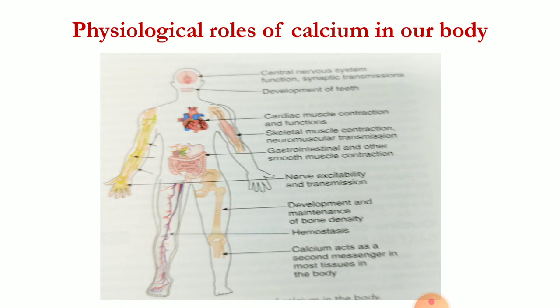So with this discussion, now let us come to the point of how calcium balance is maintained in our body. Before that, you must have a look at the physiological roles of calcium. You all know the functions of calcium in our body. First and foremost is to give structural support, as it is the major component of skeletal tissue. It is one of the most important components of bone and teeth and forms the skeletal structure.